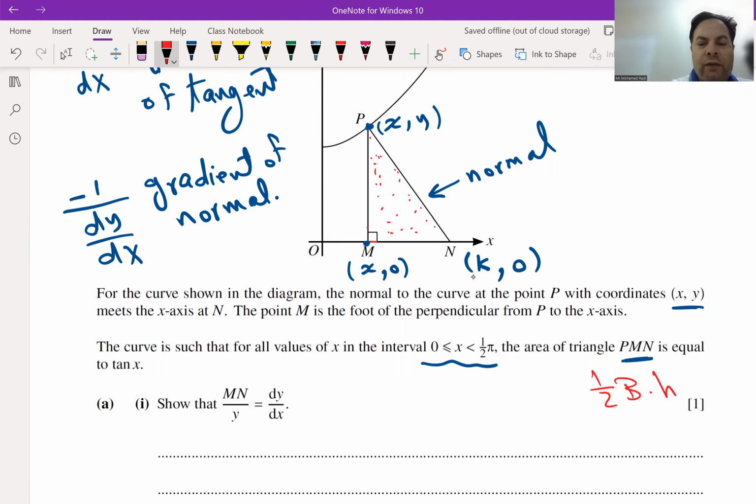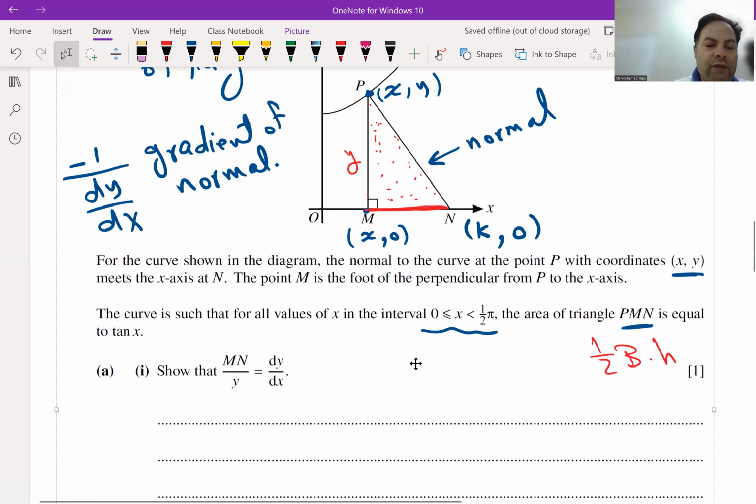The length of MN, into the perpendicular height, which is Y. And the area of the triangle given is also equal to 10 tan x. Part A, show that MN divided by Y is equal to dy by dx.